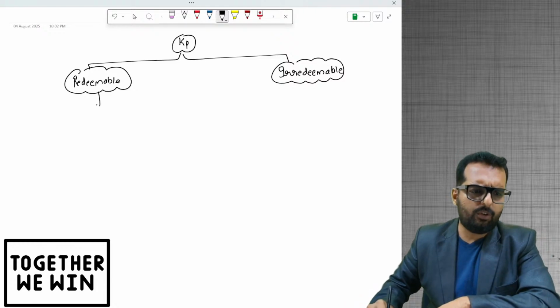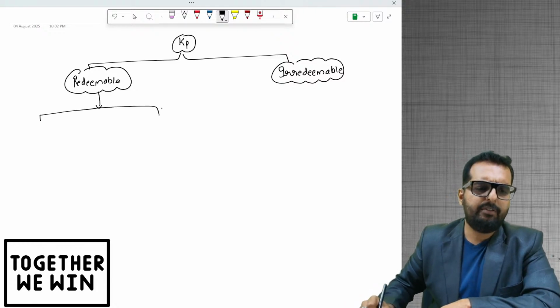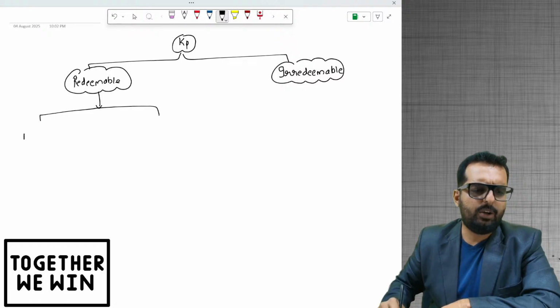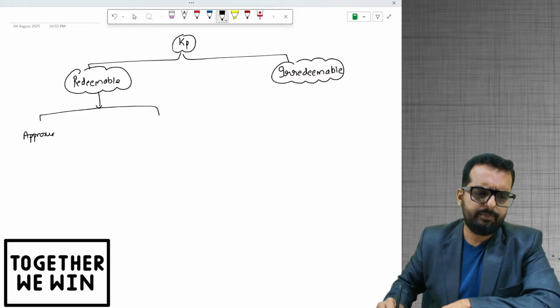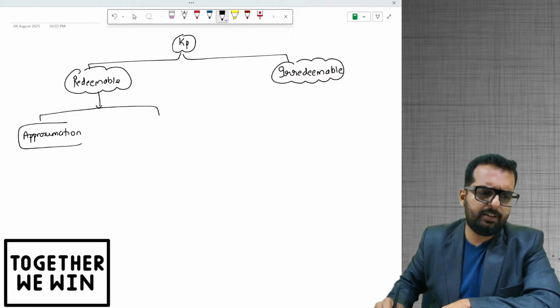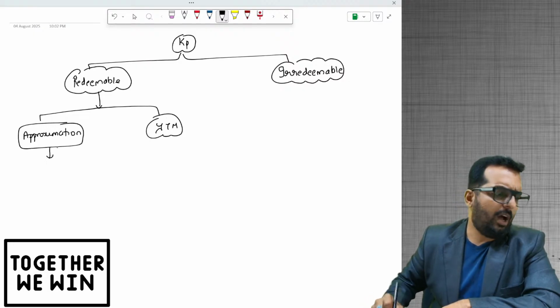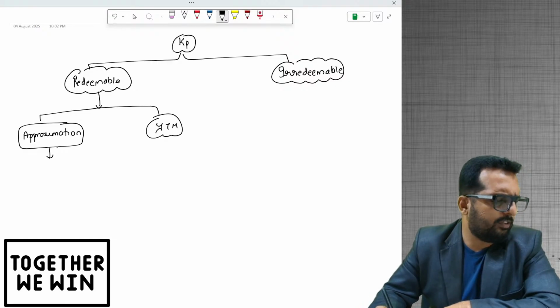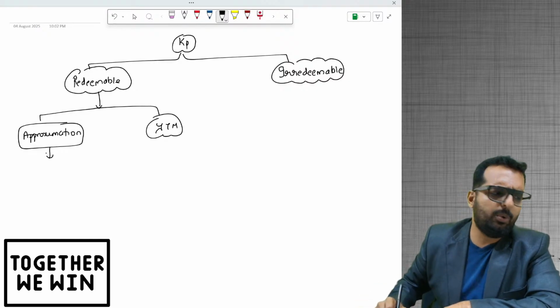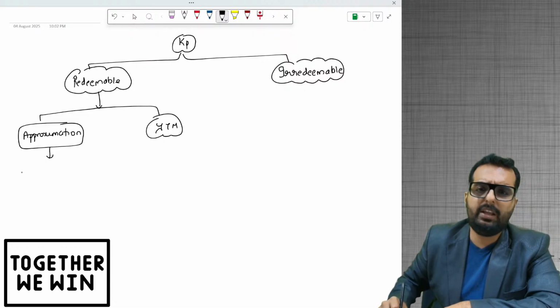So when you focus on redeemable, again, we'll have two parts. One, we can do it using approximation method, or we can do it using YTM method. Now tell me what will be the formula under approximation method, friends. Earlier it was interest, but now it will be PD.